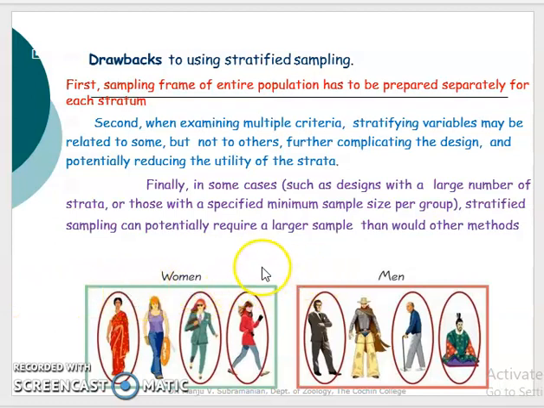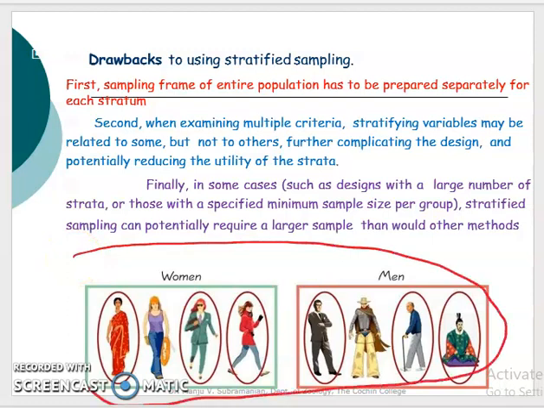So this is a major population. This is the first stratum, that is women, and this is a second stratum, and from that I'm randomly selecting a few individuals. For example, from this one, I'm choosing the individuals.